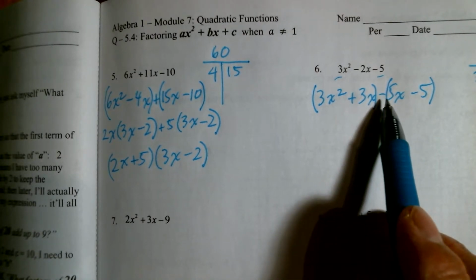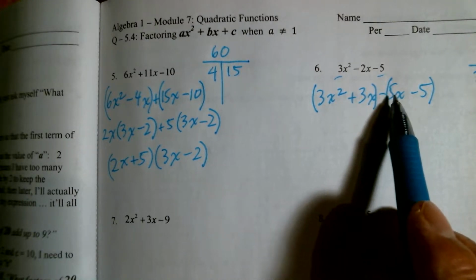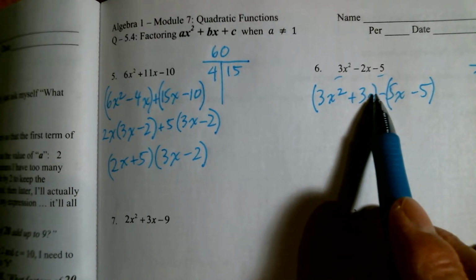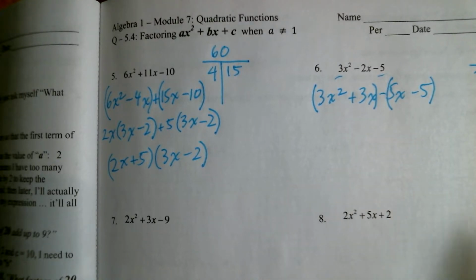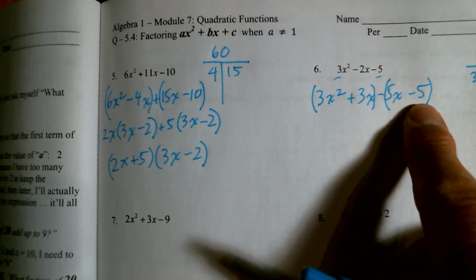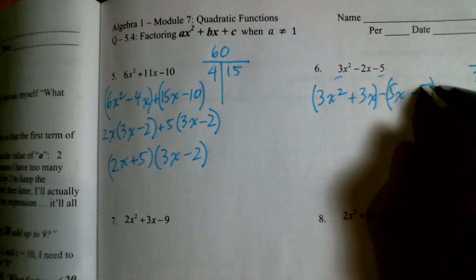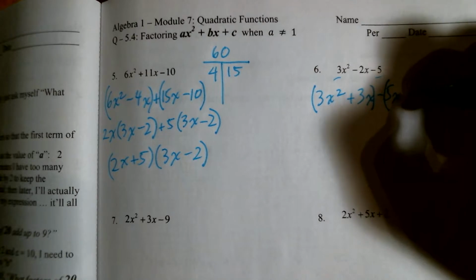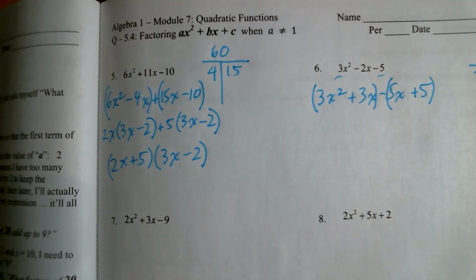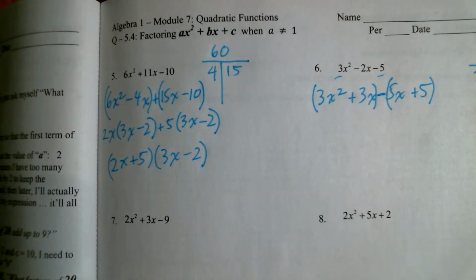I took the negative sign from 5x, took it outside, and then put the parentheses around this whole term. So this affects the entire term in the parentheses, okay? I hope you guys got that.